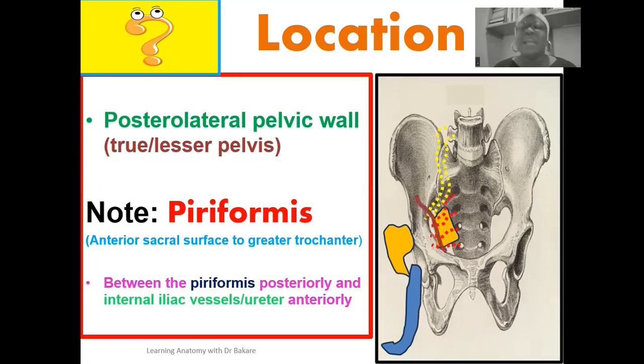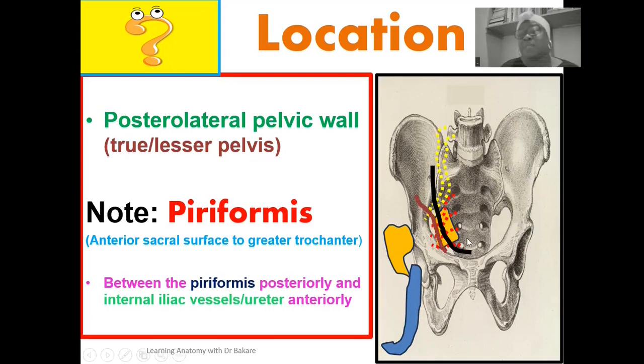Then you have the internal iliac artery and vein highlighted here in brown, and also the ureter highlighted here in black. These two structures are seen to overlap onto the formation of the sacral plexus. So we can say that the sacral plexus is sandwiched between the piriformis posteriorly and anteriorly by the internal iliac artery and vein, and also the ureter.